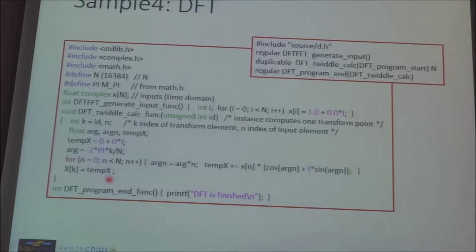And finally, after the loop, we assign it to the output. I think what's missing here is 2 things. Can you tell me what's missing here? 2 things are missing in this code, in my mind.